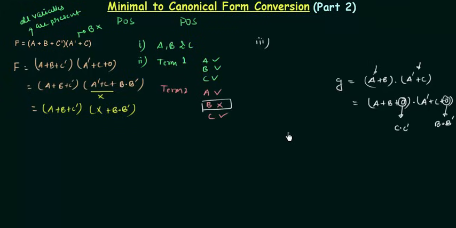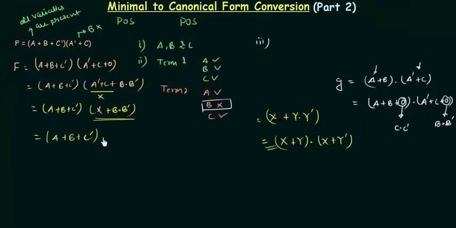If you remember the Boolean algebra, I explained the distributive law, and in that, if we had x or (y and y complement), we can write it as (x or y) and (x or y complement). So I'm going to use this law here, and we have (a or b or c complement), (x or b) and (x or b complement).